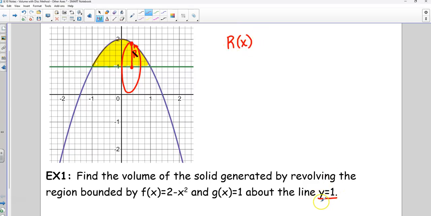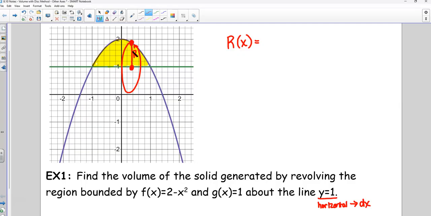Y equals 1 is horizontal, which tells you that this is a dx problem, which is good because everything's in terms of x here anyway. So I have been telling you, whenever you're finding that radius, that you need to look at the top of that little line you drew in and the bottom of that little line. And everything that you did yesterday hit the x-axis or the y-axis, right?